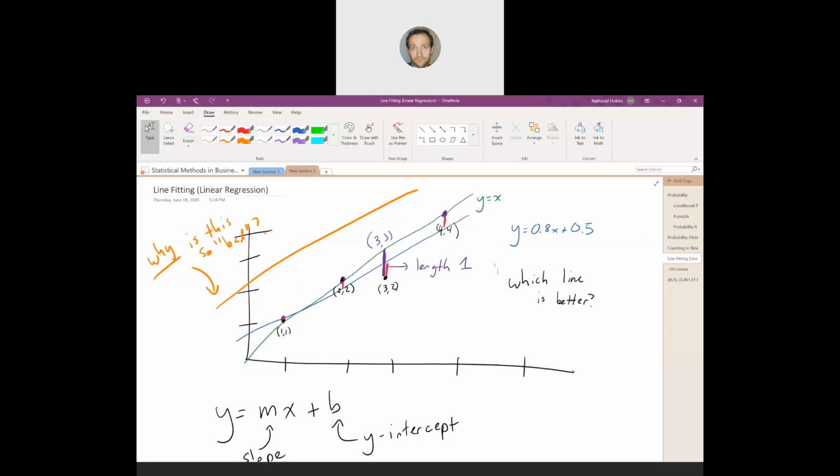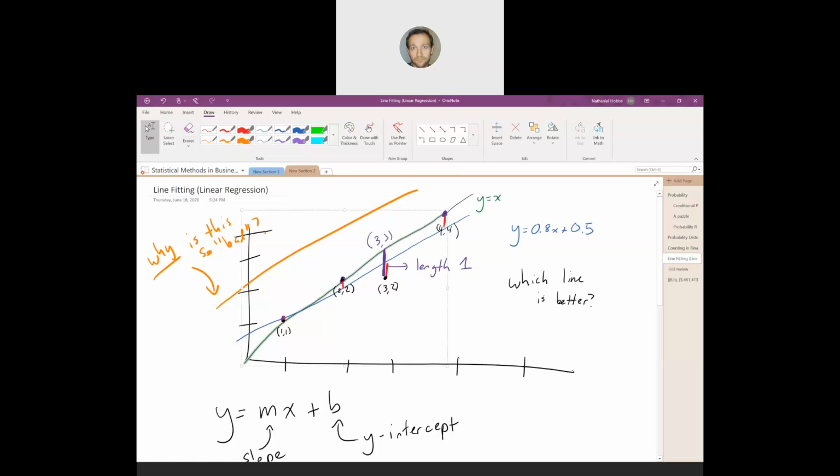It could also be the case that the blue line is better. And the blue line could be better because even though it doesn't pass through any of the points, the distance from the blue line to all of the points added up, so these little red lines here, is of a length less than 1.